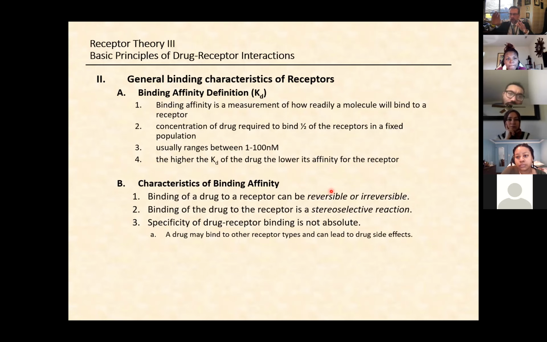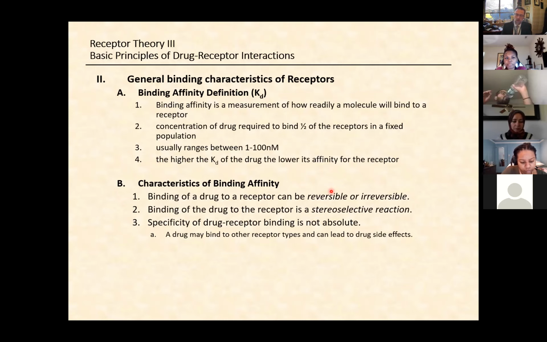I'm using drug, neurotransmitter, and hormone kind of interchangeably, and I'll try to be more deliberate and say ligand. A ligand simply is any molecule that will bind to a receptor. So that's a big, broad term that encompasses things like drugs, neurotransmitters, hormones, those sorts of things, okay?